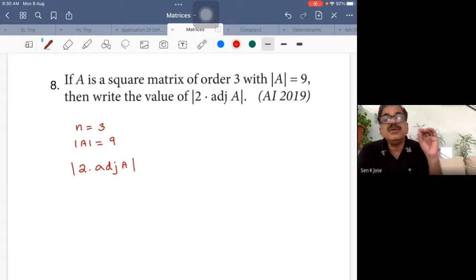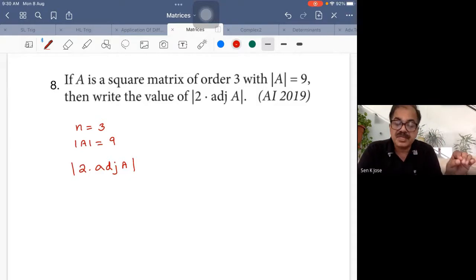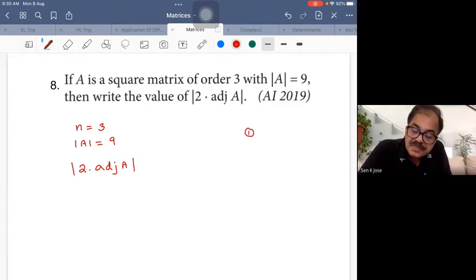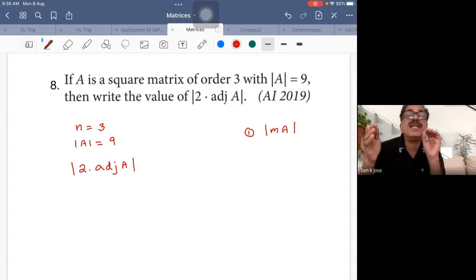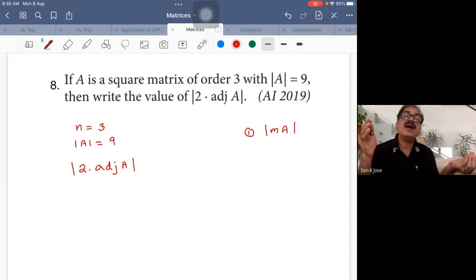Okay, so I'm going to remind you 1 or 2 results which we require for this. The first result is inside a determinant, if you have a number written like this, determinant of lowercase m times uppercase A, where m stands for a number and A stands for a matrix. If I take the number out of the determinant, it comes out with a power n, where n is the order of the matrix.